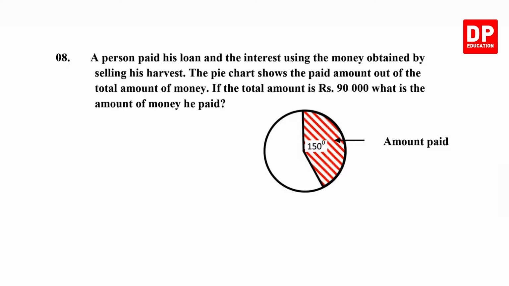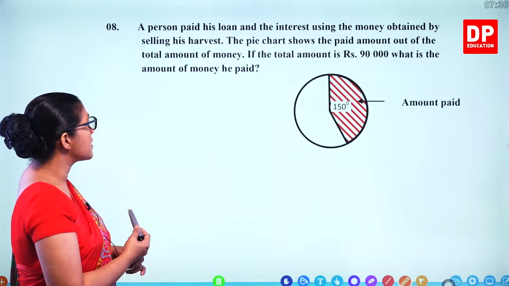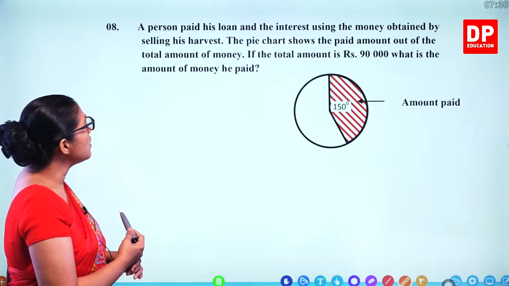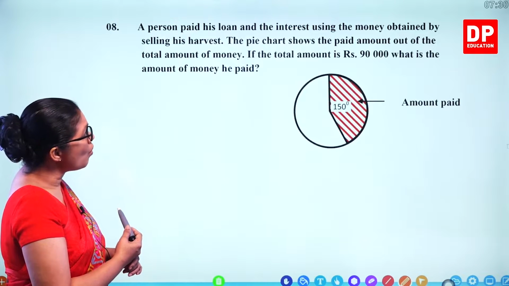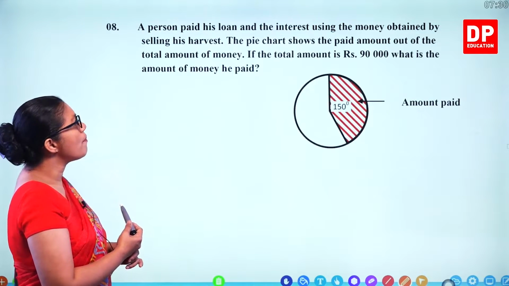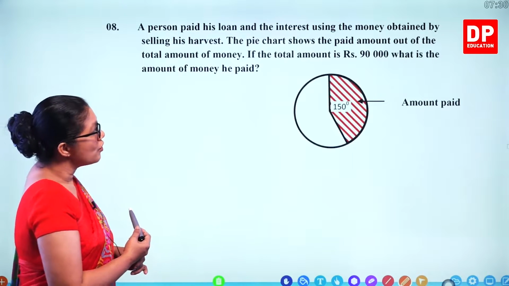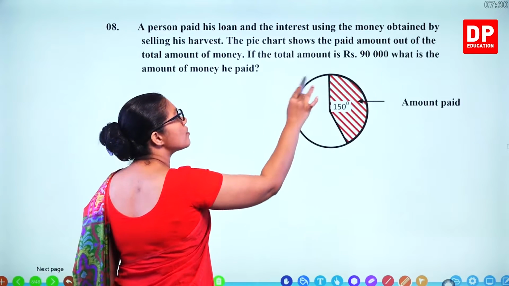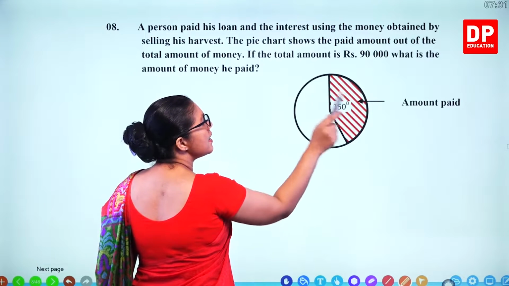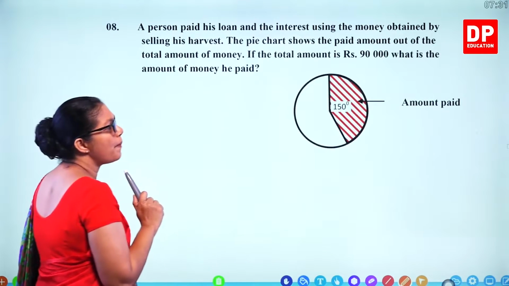Question number 8. A person paid his loan and the interest using the money obtained by selling his harvest. The pie chart shows the paid amount out of the total amount of money. If the total amount is 90,000 rupees, what is the amount of money he paid? So the total is 90,000, but this is a part, 150 degrees is the amount paid.